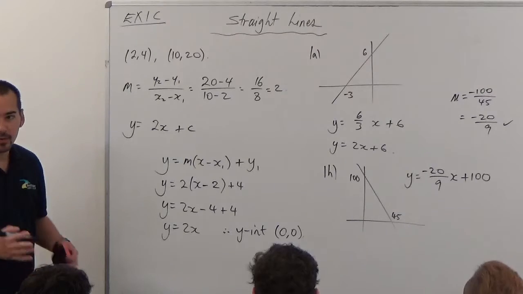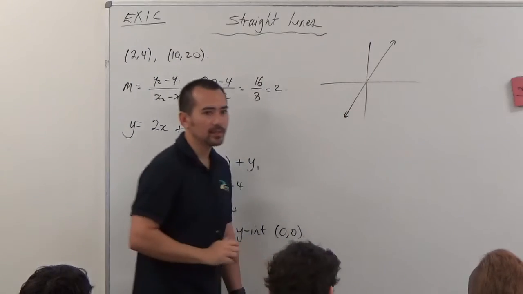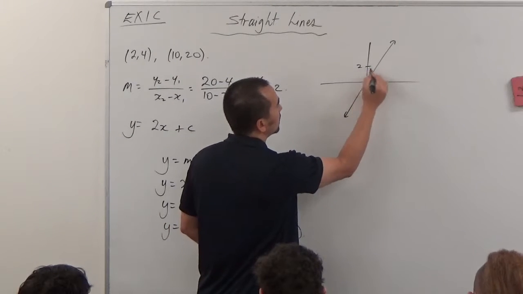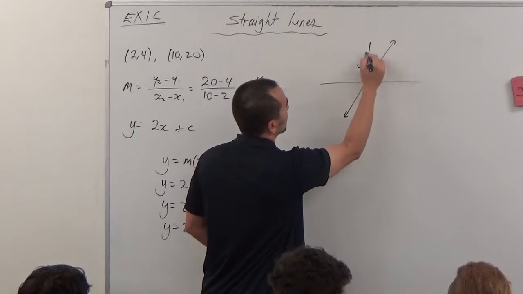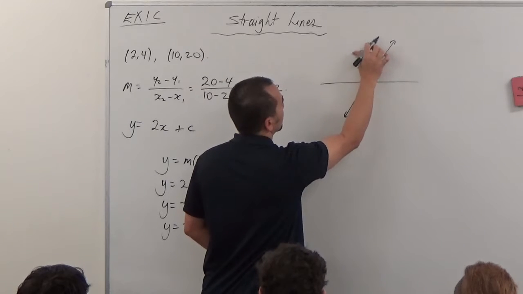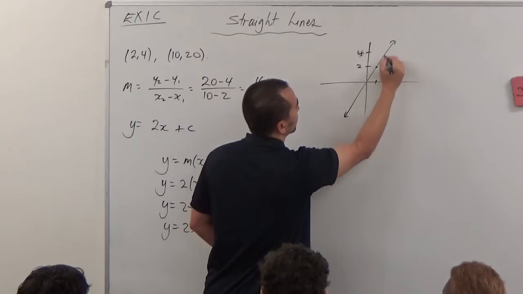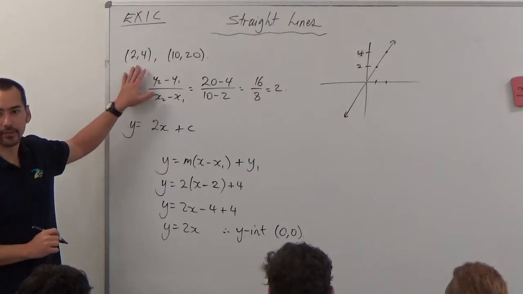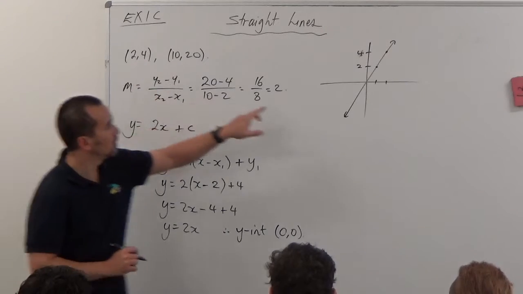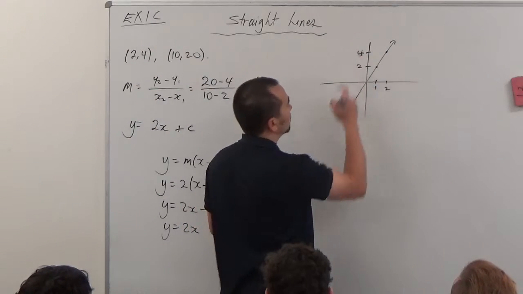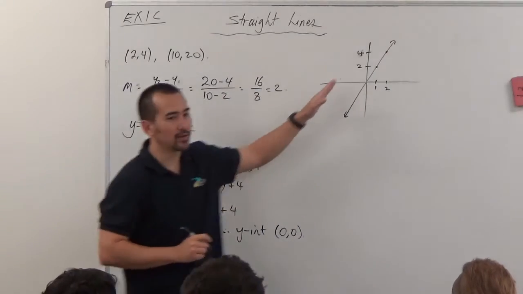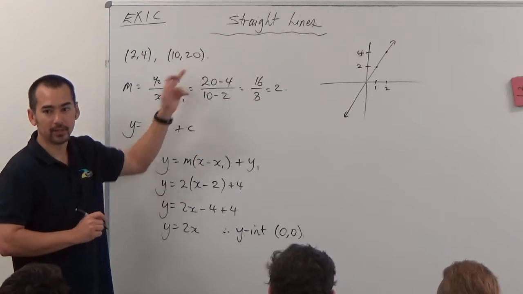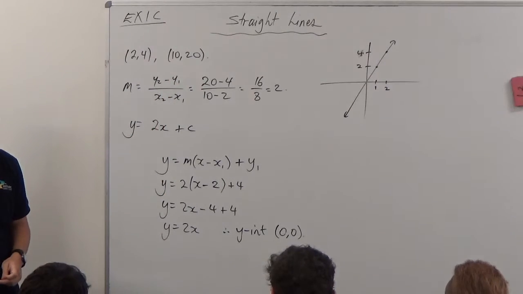So, if our algebra is correct, and we'd have to have a scale to make sure we're doing it correctly, so up 2, across 1, up another 2, and across another 1. Okay? And we would check to see if our coordinate lies on it. So 2, 4, 1, 2, 4. Yes, that one exists, and then I could carry that on a little bit further to make sure it goes to 10, 20. I could do that, and that would work.